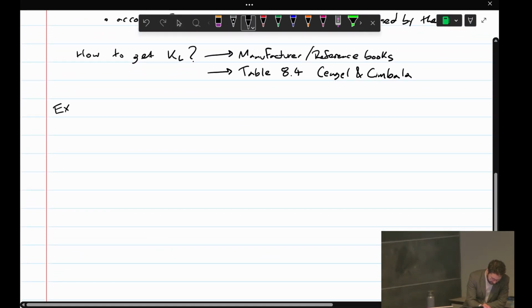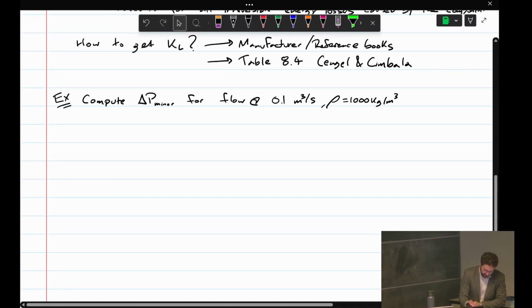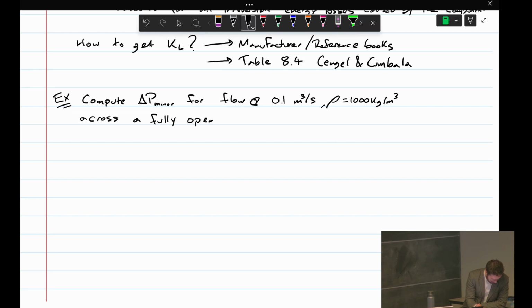So for example, compute delta P minor for flow at 0.1 cubic meters per second of water across a fully open 8 inch gate valve connected to NPS 12 schedule 40 pipe.